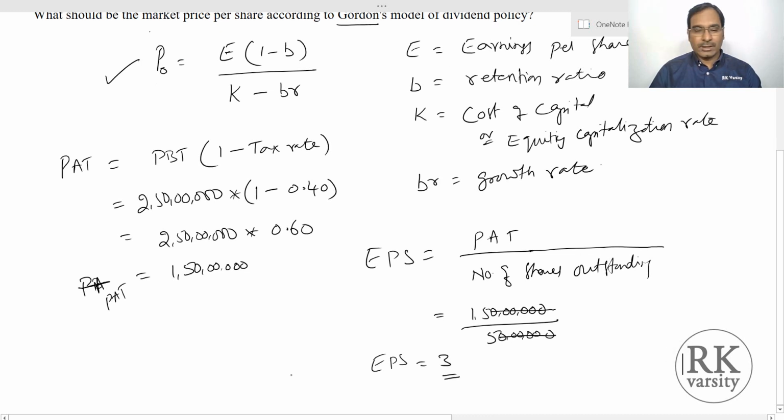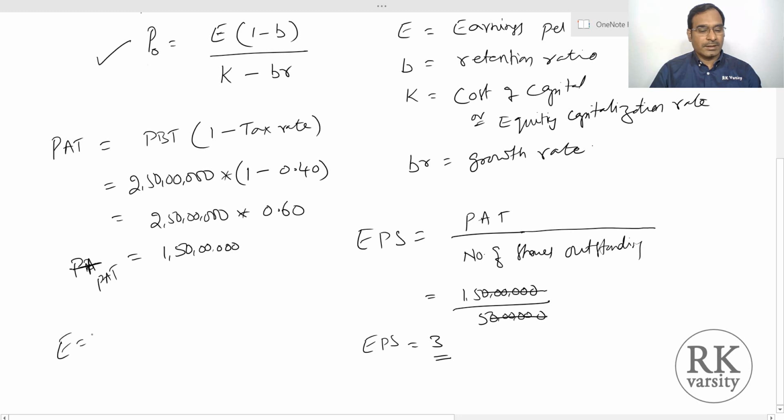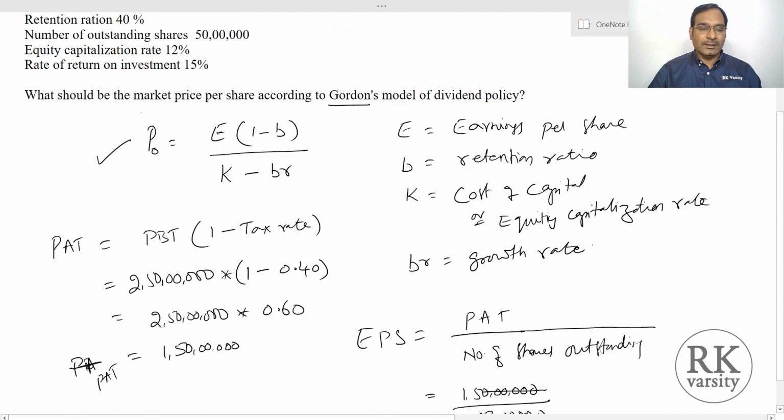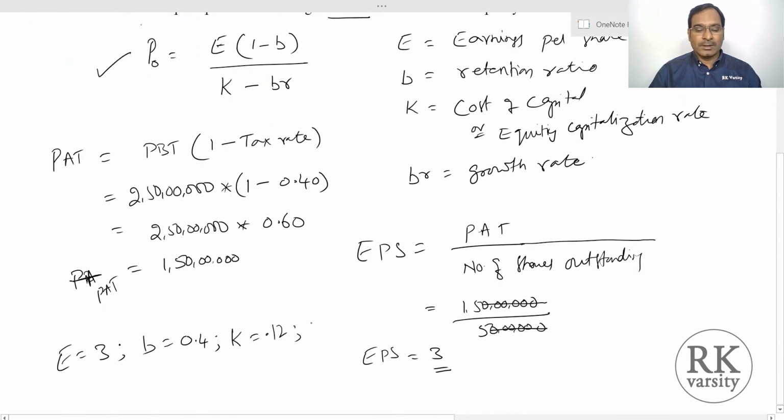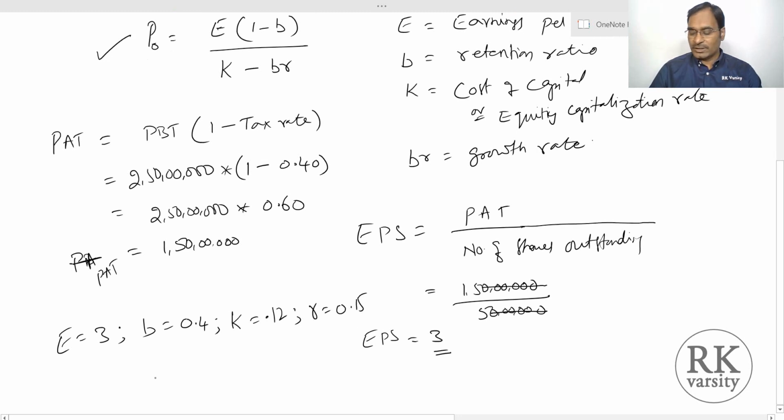So here E, that is EPS, equals 3. Retention ratio equals 40%. Then cost of capital or equity capitalization rate is 12%, and our required rate is 15%. We substitute these in our equation.